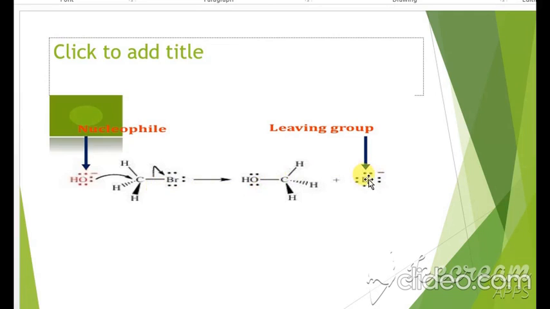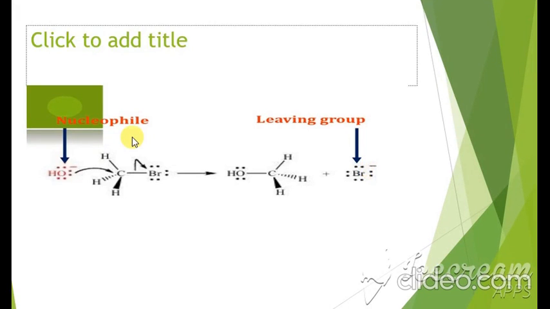So when another nucleophile, which is stronger than the Br of the alkyl halide, attacks, Br leaves and hydroxyl takes the place of Br and forms methyl alcohol, and bromide leaves with its electron pair.